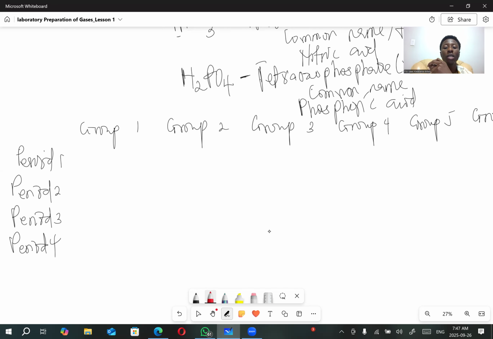The periodic table is a rectangular arrangement of elements in groups and in periods. They will ask you, so if you are to define the periodic table, it's a rectangular array of elements in groups and periods.